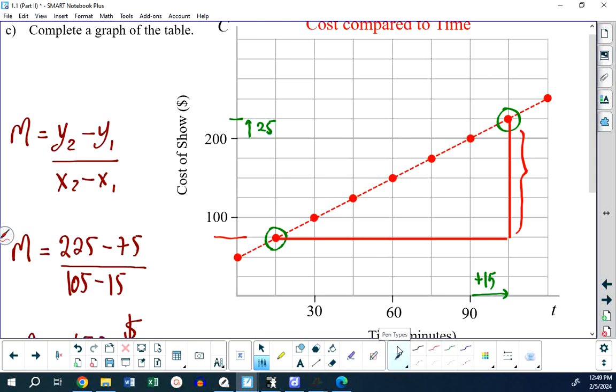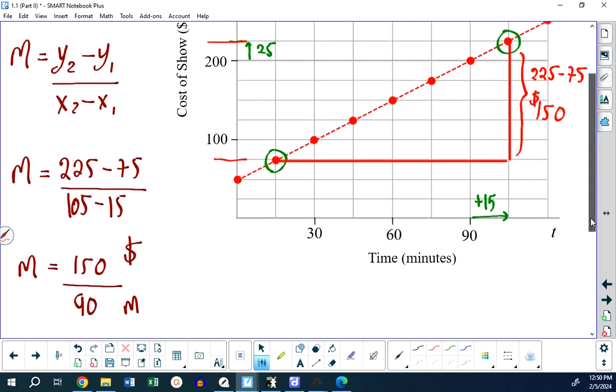You'd look over here, this is 225. You'd subtract those numbers, 225 minus 75, is 150. And here you would take 105 minus 15, which is 90 minutes.